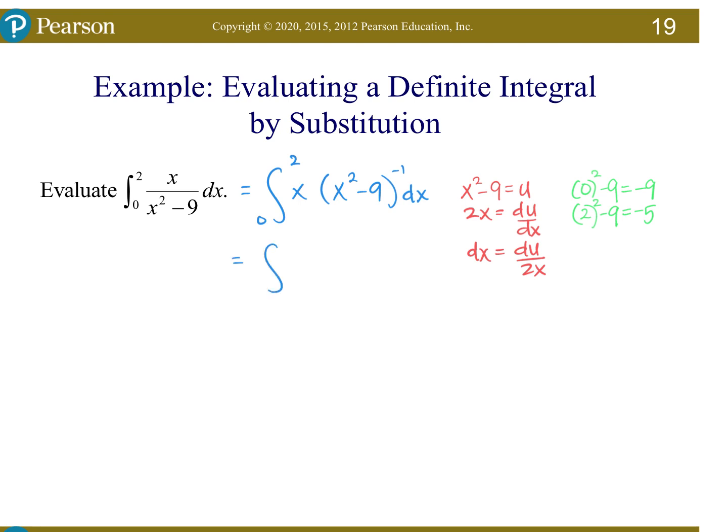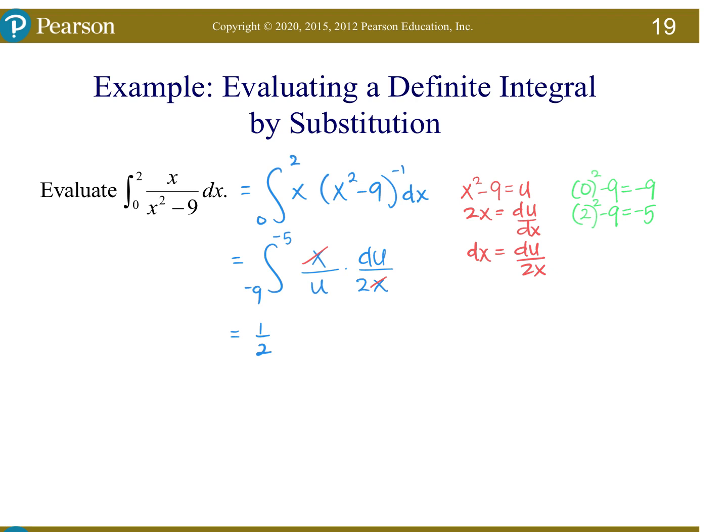So I'm going from, now make sure you get them in the right order, negative 9 goes on the bottom, negative 5 on the top. x over u, we can put u back on the bottom like that. And then du over 2 dx. So what I notice is I can pull the half out to the front and I can reduce my x terms.